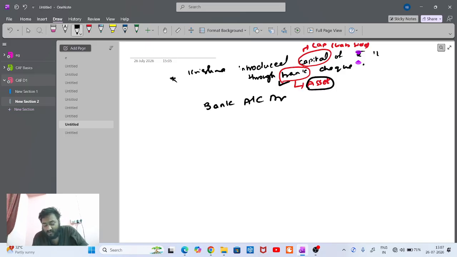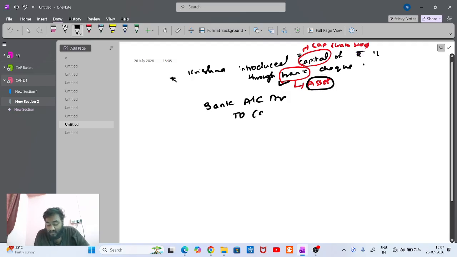How do we know bank is a debit balance? Because bank balance is an asset. Capital is to be credited. Why? Because capital balance is credit balance.